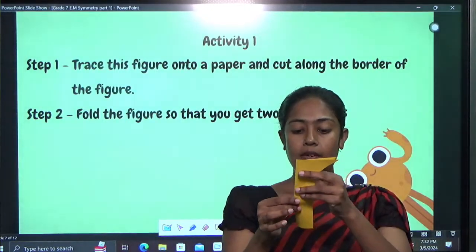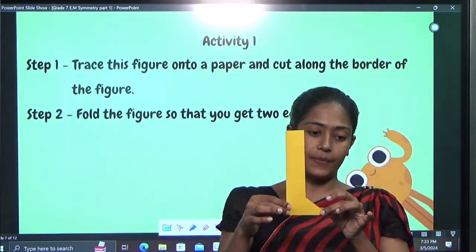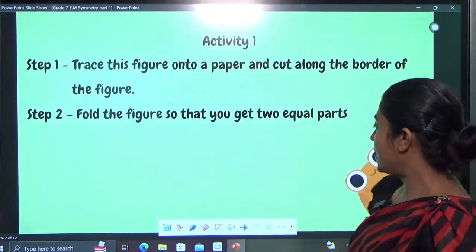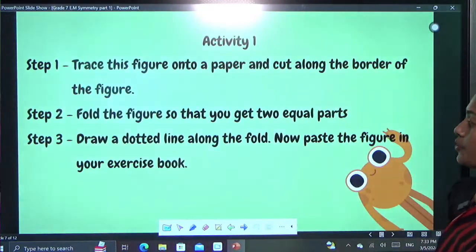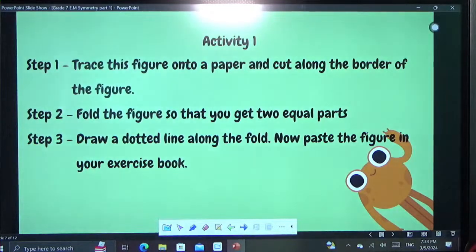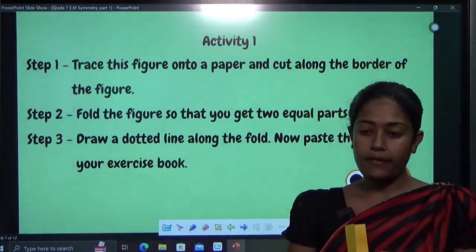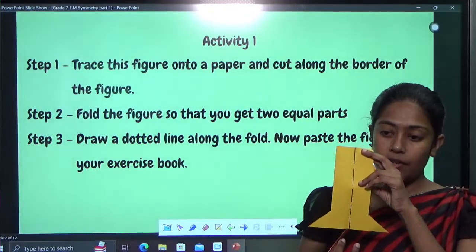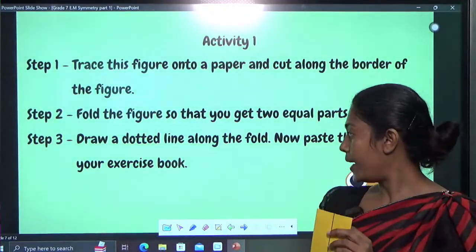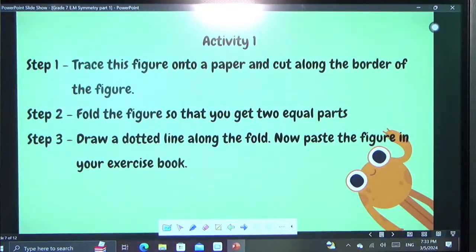Then you can see all the 2 parts coincide with each other, right? Next step. Step number 3, draw a dotted line along the fold. Now paste the figure in your exercise book. So you have to do this activity in your book. Like this, you have to mark the fold line in dotted line and you have to paste that in your book. Okay?